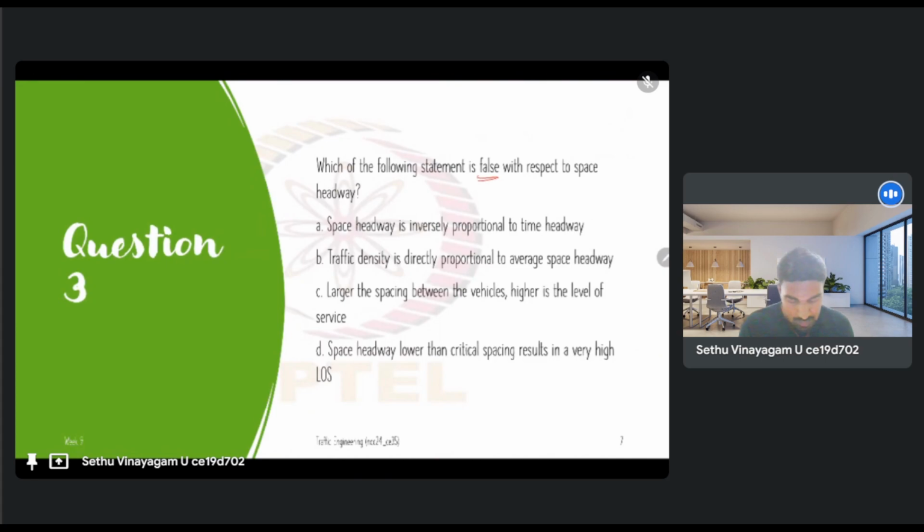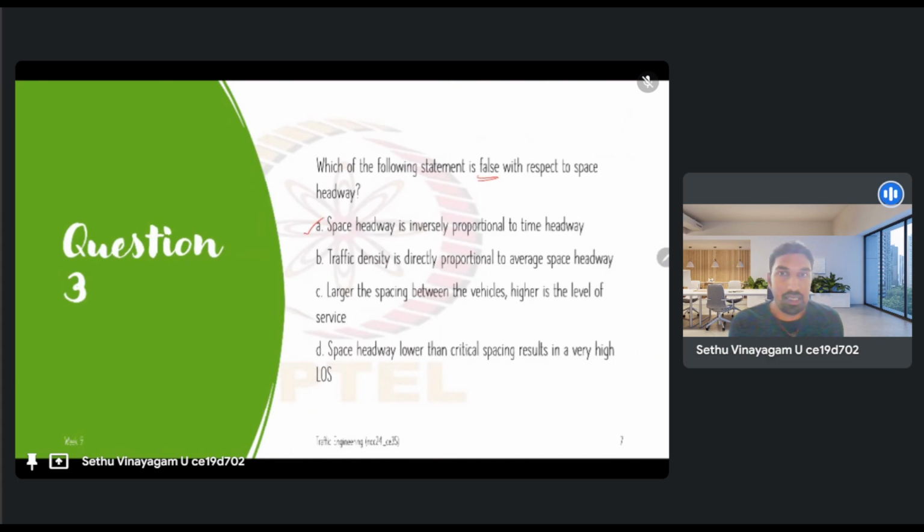Here, the first statement, space headway is inversely proportional to time headway. Yeah, so that is correct.